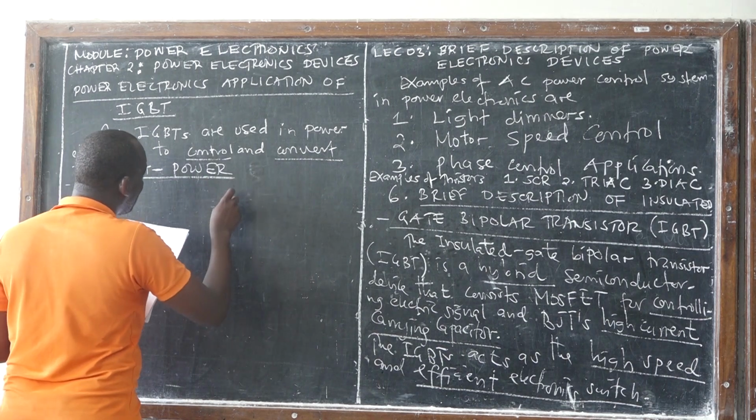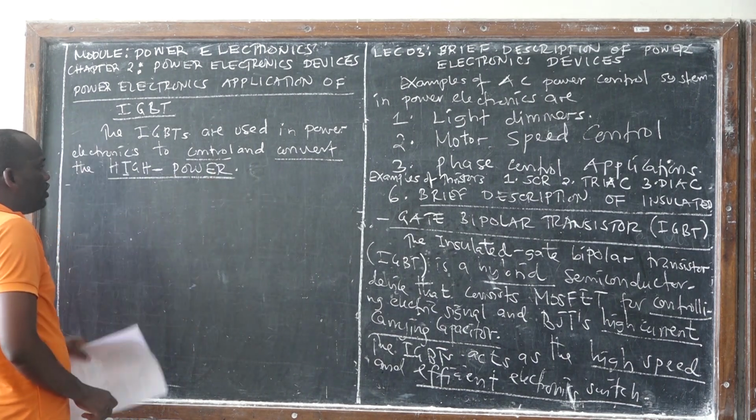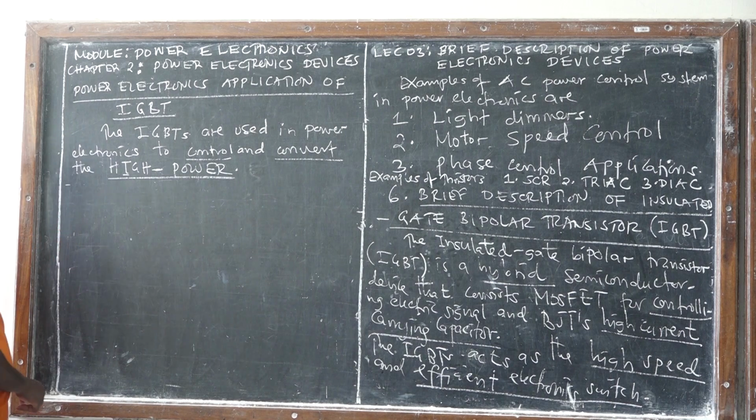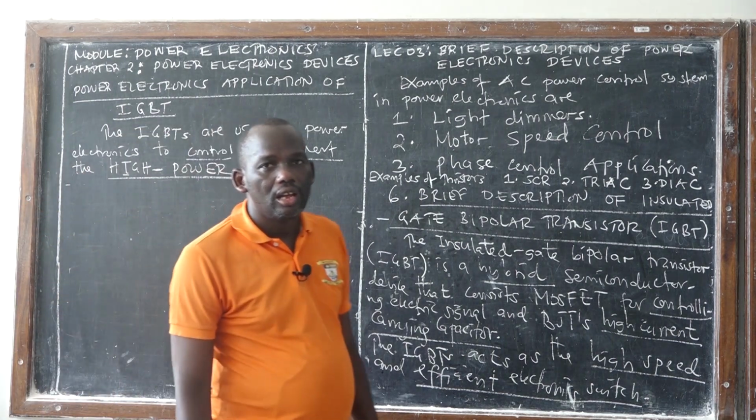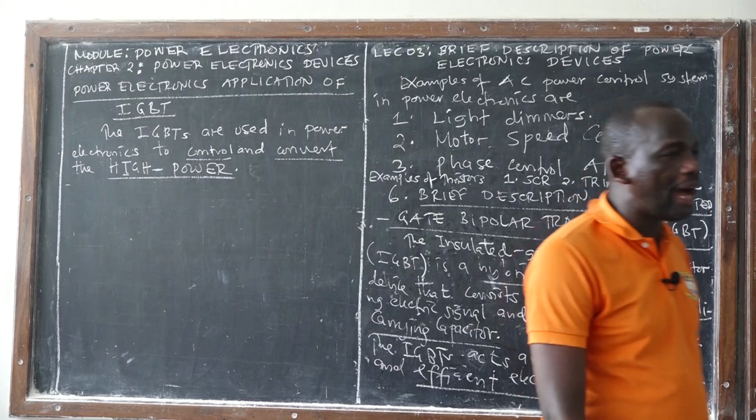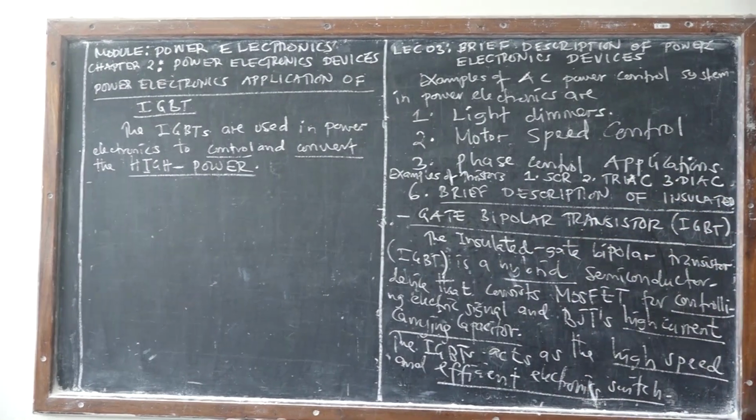So another advantage is that IGBTs are used in power electronics to control high power. Say control high power. Say AC high power, DC high power. For instance, in inverters, sometimes we might be dealing with DC high power of 339 volts.